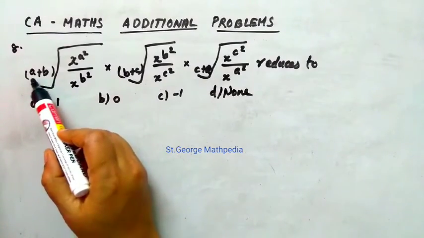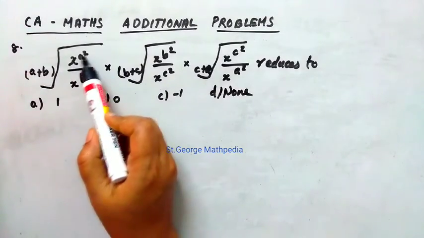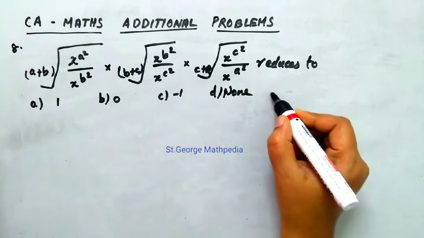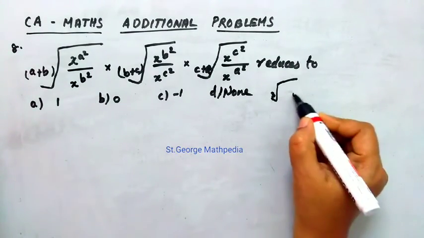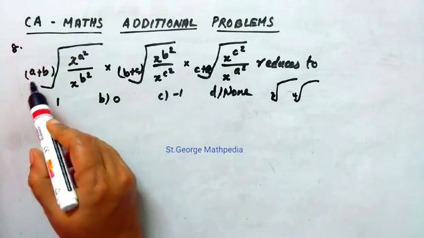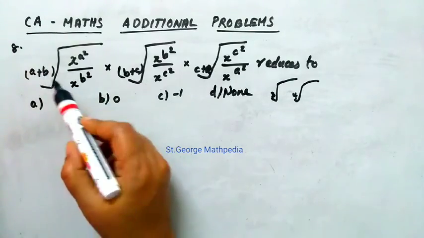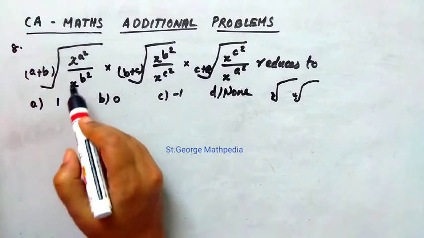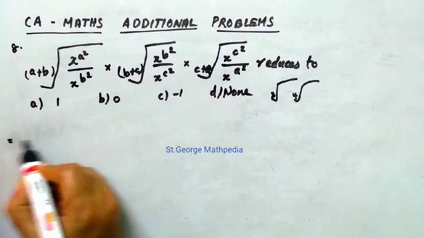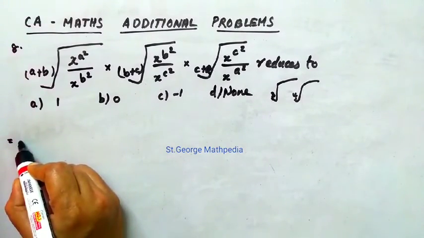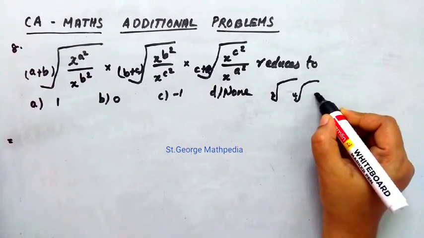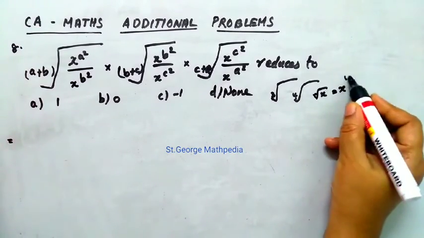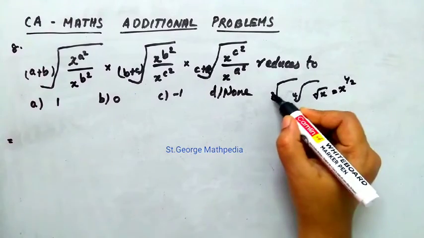So 8th problem. The (a+b)th root of x^(a squared) by x^(b squared). That is like cubic root, 4th root. We are having the a plus bth root of x to the power of a squared by x to the power of b squared. If you have square root of x, you can write this as x to the power of 1 by 2.